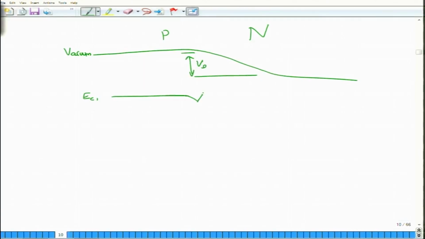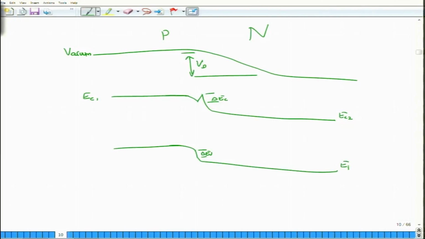So, it goes back up here and then goes down and becomes EC2 on the other side of the region, whereas delta EV would go down, have a sharp transition, delta EV here, and this of course is your delta EC, the spike, and then again falls down to become EV2. This of course is EV1.